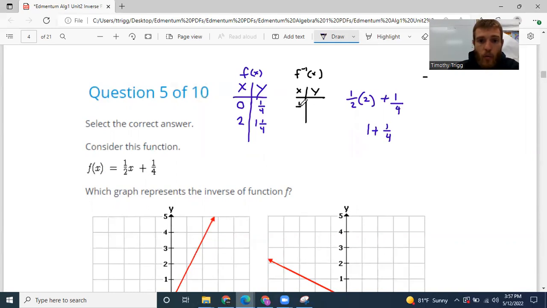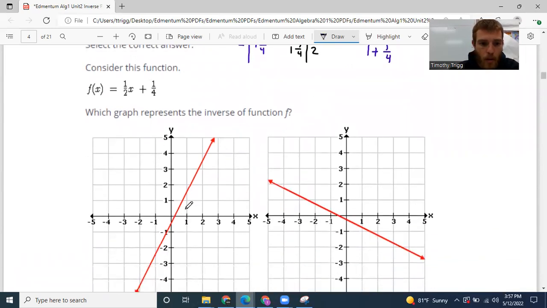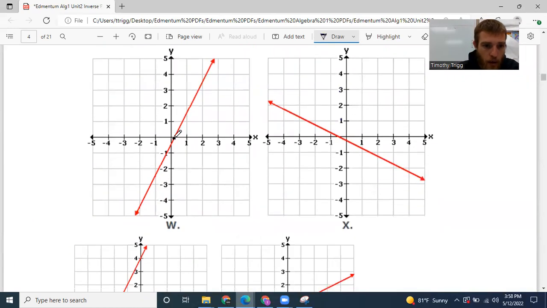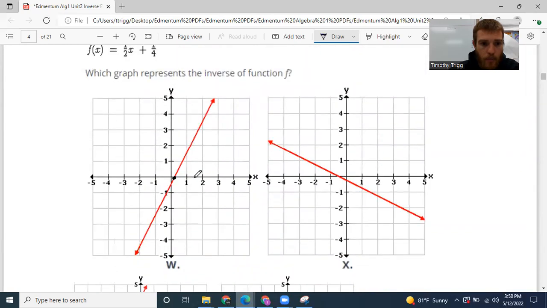So we'll have 1/4, 0, as well as 1 1/4, comma 2. So we can just pick the graph that has these points. 1/4, comma 0. This one looks like it has 1/4, comma 0, and that's the only one. So it must be this one, graph W.